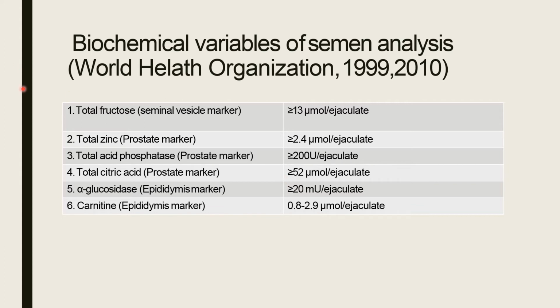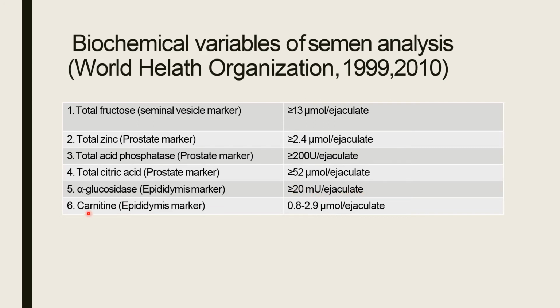And then alpha glucosidase is released from the epididymis, and it helps to digest disaccharide to glucose, and it should be present equal to or greater than 20 micro unit per ejaculate.